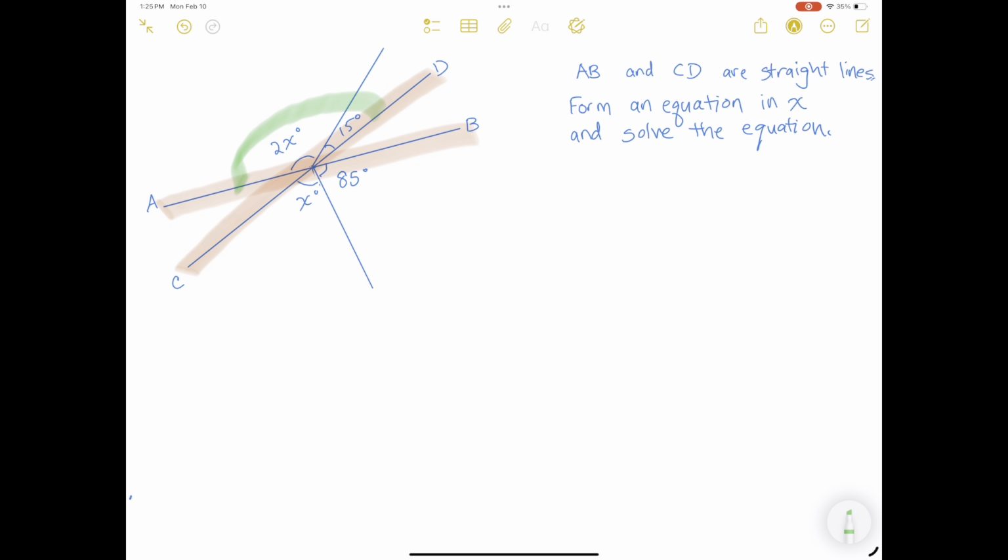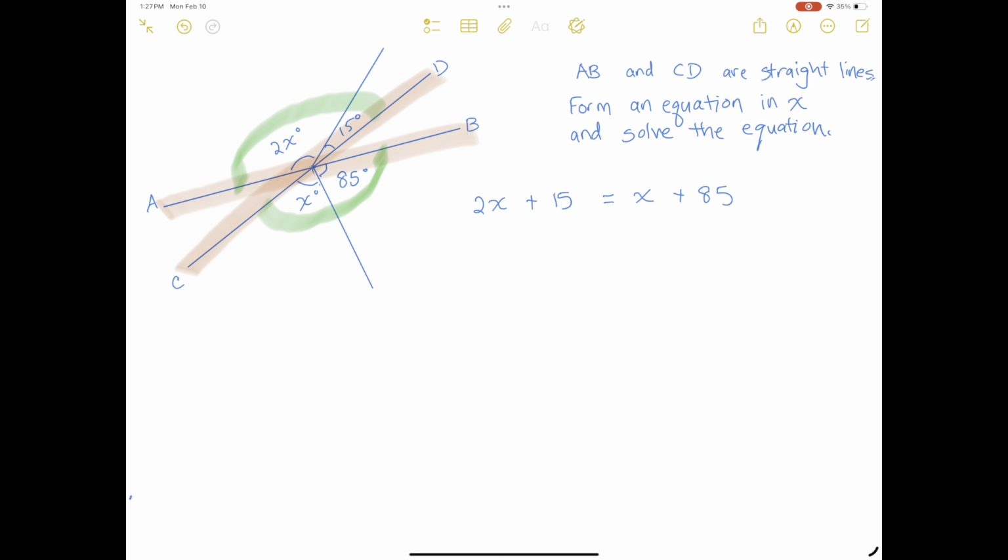The angle 2x plus 15 is vertically opposite to the angle x plus 85. And since vertically opposite angles are equal, therefore 2x plus 15 equals x plus 85.